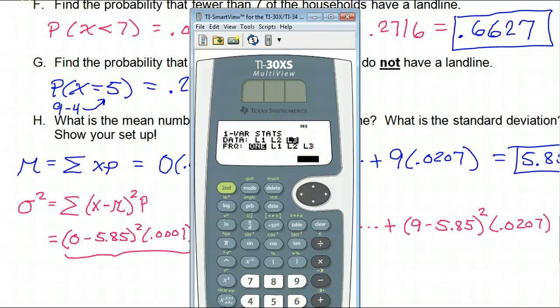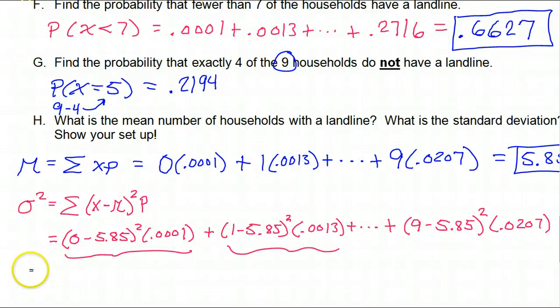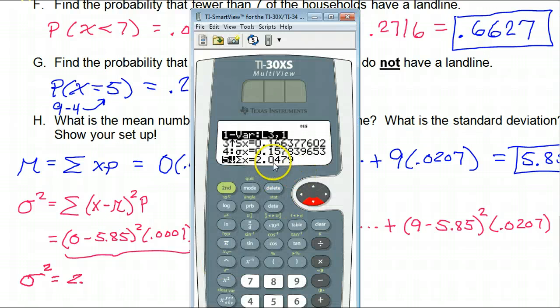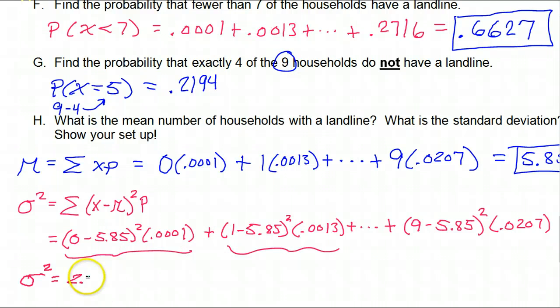Hit enter a few times. Again, look down for item number 5. That is the sum. So I've got 2.0479. So the variance is 2.0479.